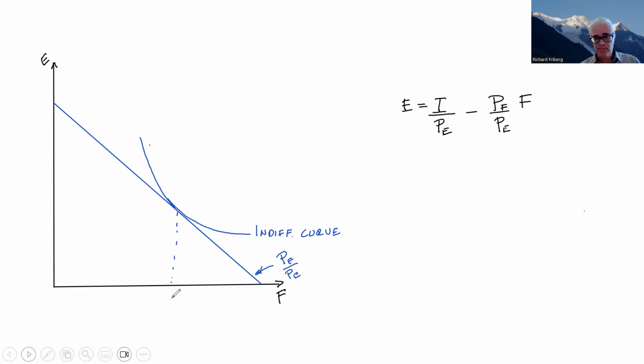Okay. Now assume that the price of food goes up, so it increases to PF prime, well, that N as in nu. So what happens? Well, the budget constraint becomes steeper, right? If I only purchase E, I can purchase the same amount of E as I did before.